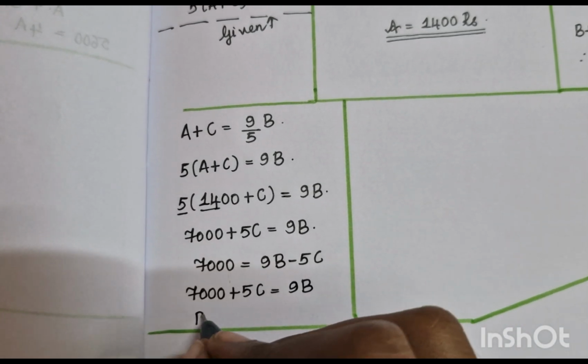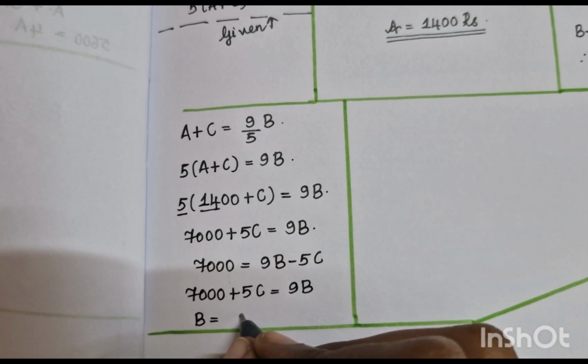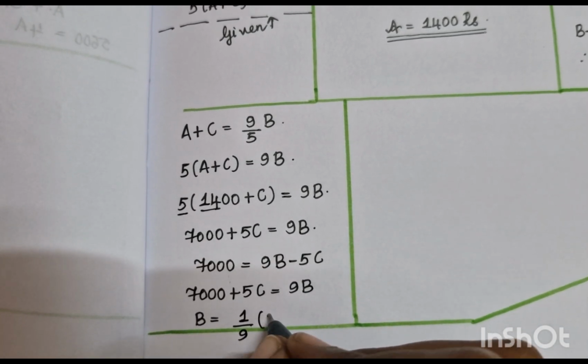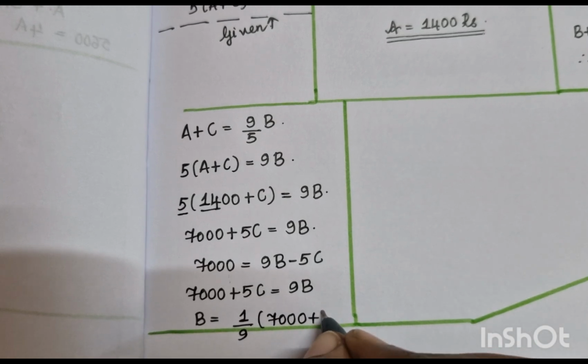Therefore, B is equal to 1 by 9 into (7,000 plus 5C).